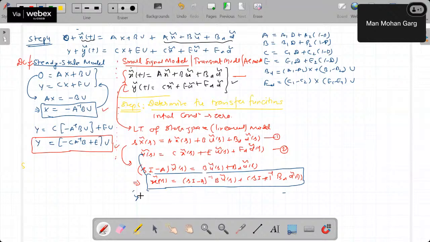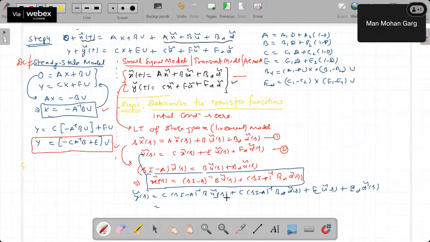So from this we get Y of s equals C sI minus A inverse B U of s plus C sI minus A inverse BD D of s, plus E U of s plus ED D of s.